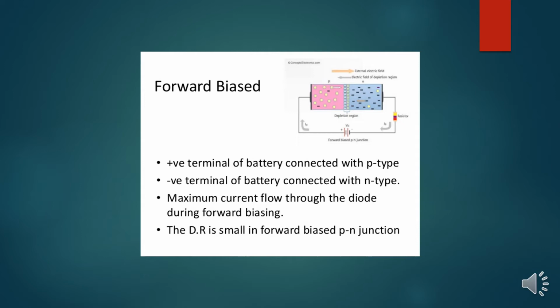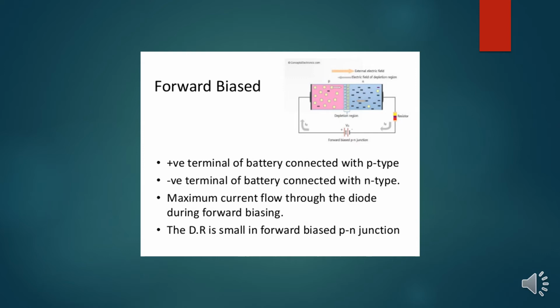When we increase this positive terminal or applied voltage, then the depletion layer breaks down, and the electrons move here and holes move here. Electrons and holes movement is present, so current is flowing in this condition.